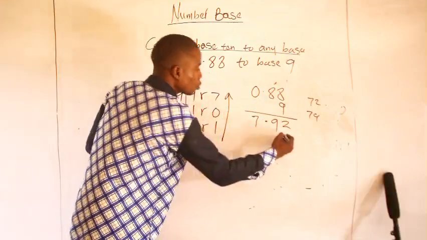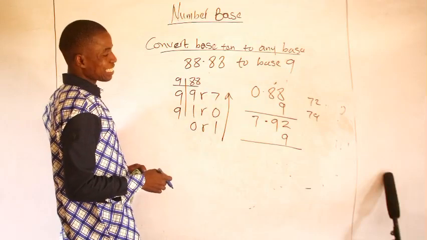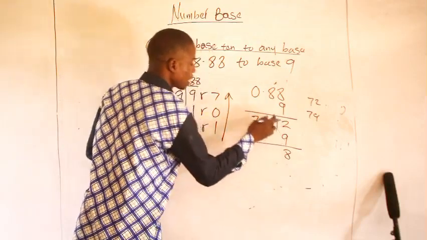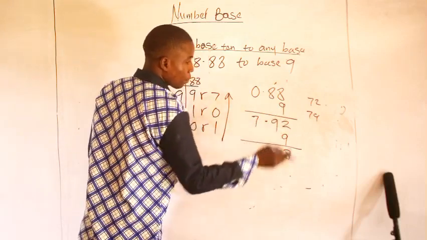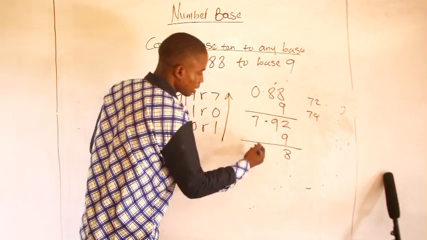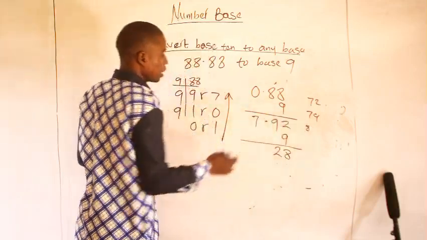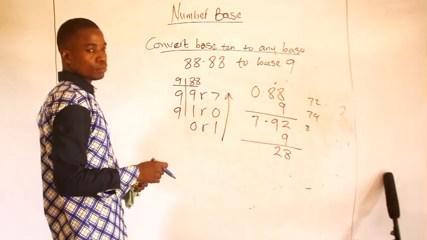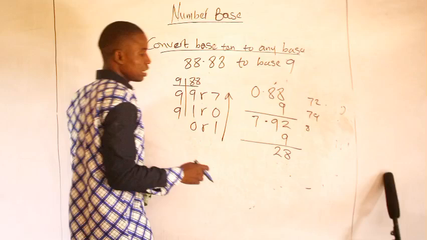Now, next one, 9. This one and this is what? That's 18, right? 8. This one and this, 81. Yes. That's 81. 81 plus 1. That's 82. You write 2. Remain 8. Now, this one and this is what? 9 times 7 is what? 63.